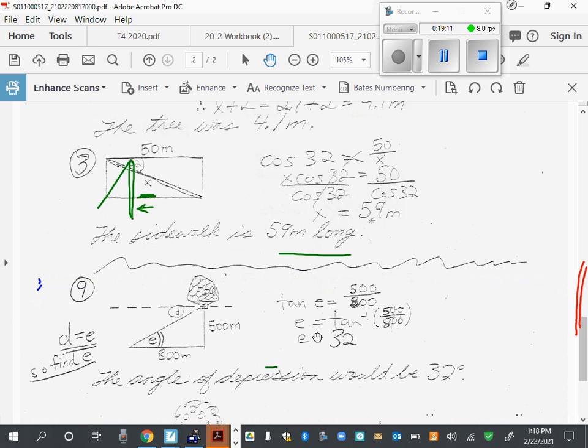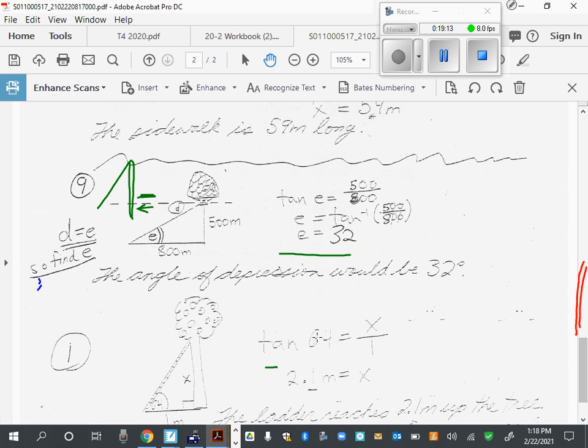Anyways, let's move on to this guy. It talks about angle of depression. You need to know the angle of depression is the same as the angle of elevation down there. Do not put it here or you'll get 0. That's what happens all the time. Angle of depression is not the top angle of the triangle. It's the outside of the triangle.